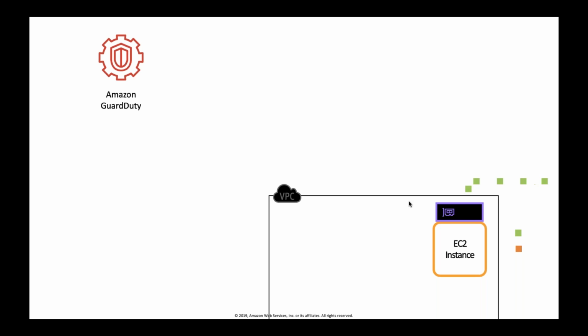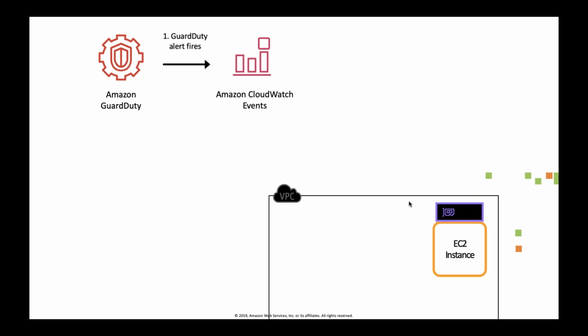So what happens is, if you're using GuardDuty, GuardDuty generates the alert and sends it to CloudWatch, and as of now, this is where you stop. But with traffic mirroring, as the CloudWatch alert comes in, you can invoke a Lambda event.